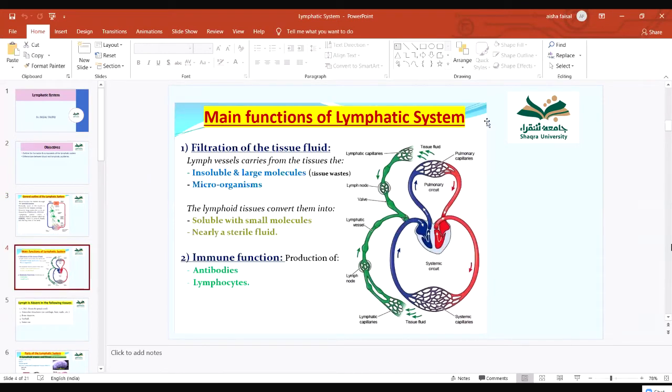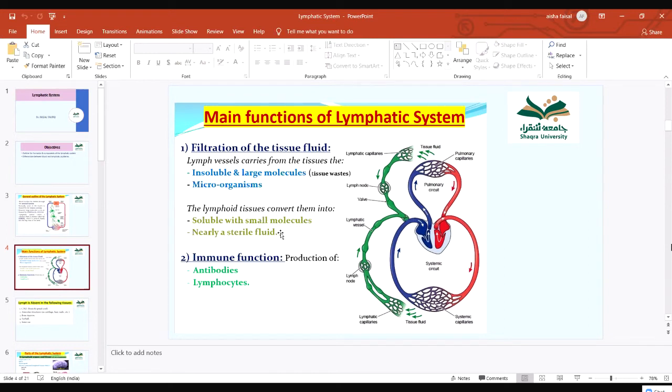So what are the main functions of the lymphatic system? It acts as a filter for your tissue fluid. Tissue fluid will pass through these channels, the lymphatic system, and it will get filtered. It removes the insoluble molecules, the large molecules, the pathogens, and the waste products, back to the heart.